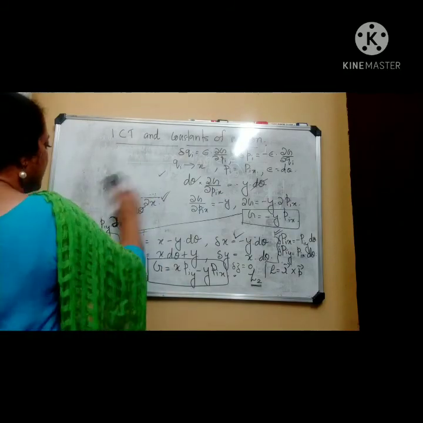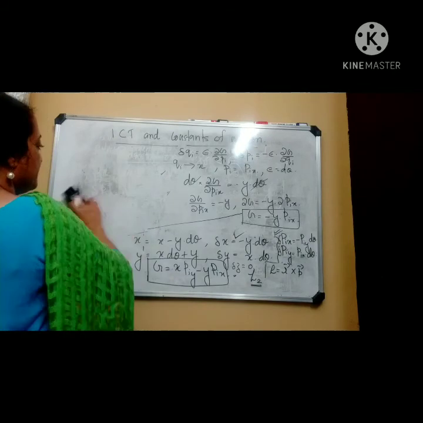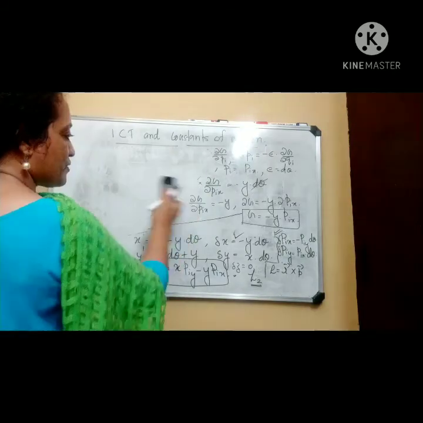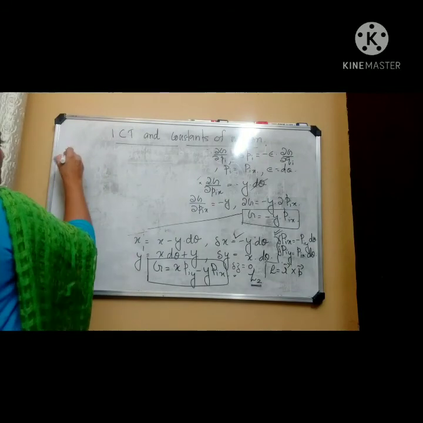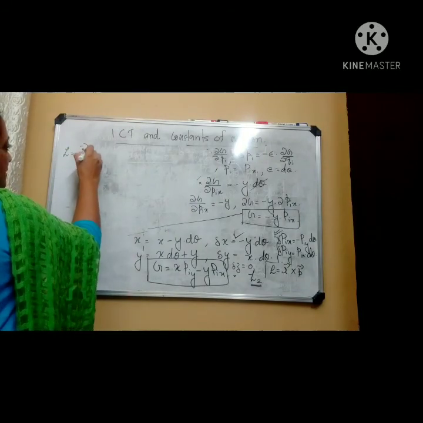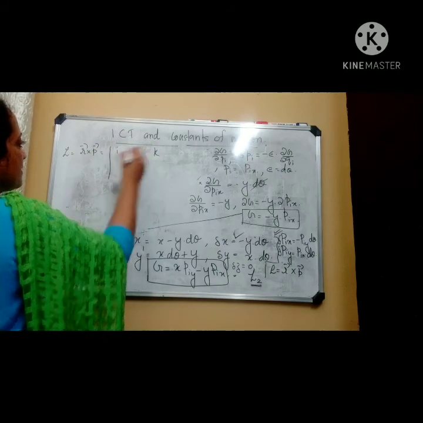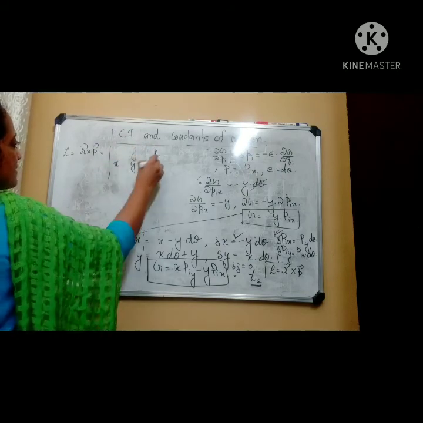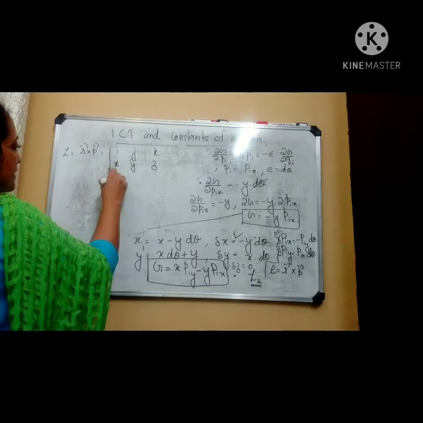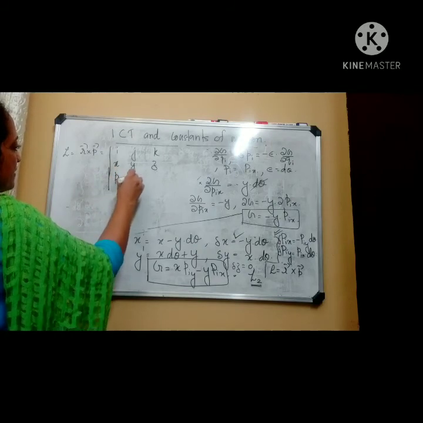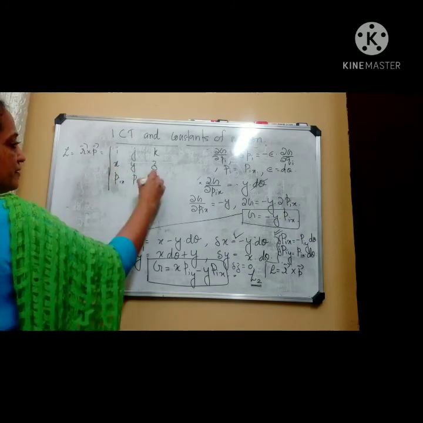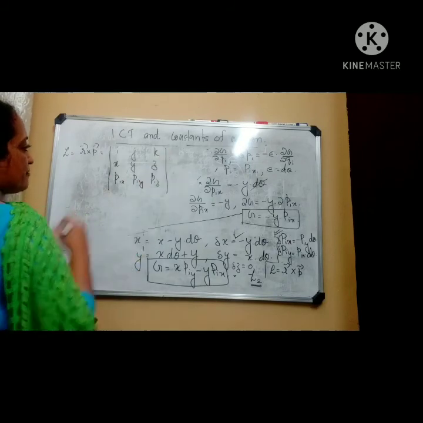I will show you, because L is equal to r cross p, that is equal to the determinant with i j k, x y z, and Pix, Piy, Piz, which are the components of momentum.